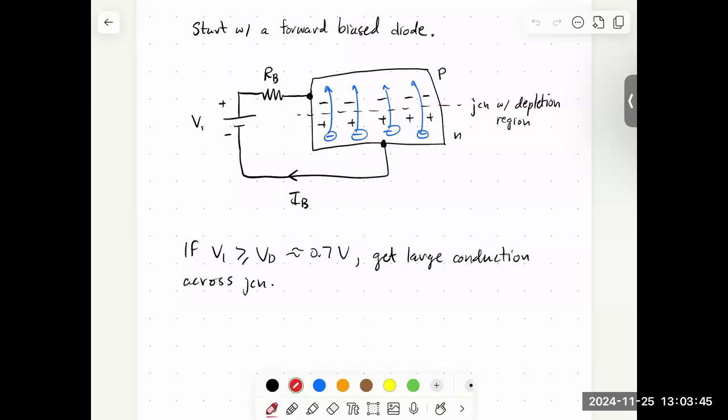We have in the N region mobile electrons, and in the P region mobile holes, but we're going to have much more mobile electrons in the N region. So most of the current is going to be due to the flow of electrons across this junction, and that's how I'm going to draw it: most of these electrons crossing this junction.